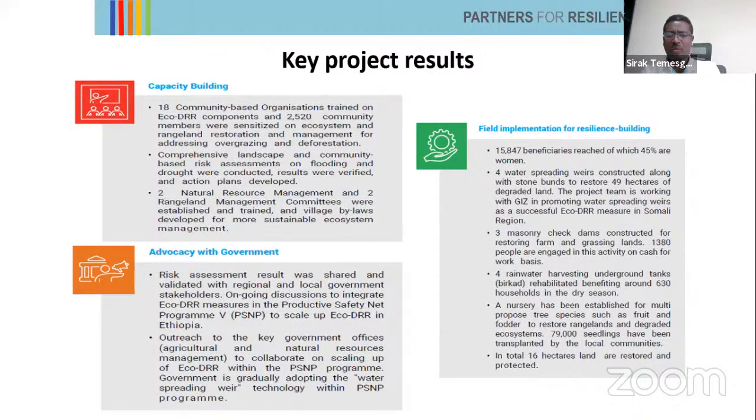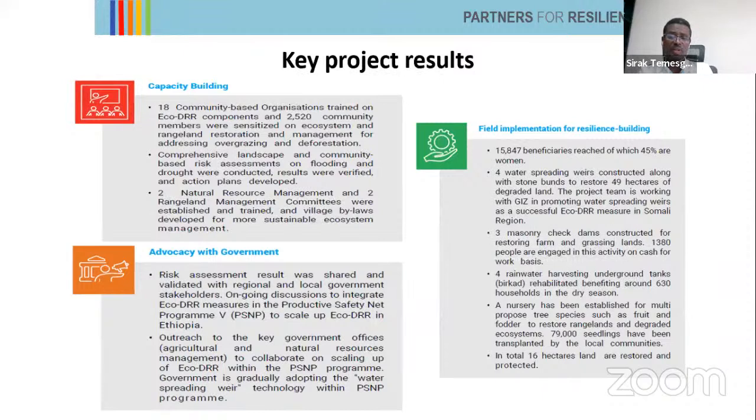At the community level, we have benefited more than 15,000 people. We have introduced and promoted a new innovative soil and water conservation measure called water spreading weirs. We constructed 4, which managed to restore 49 hectares of degraded land.